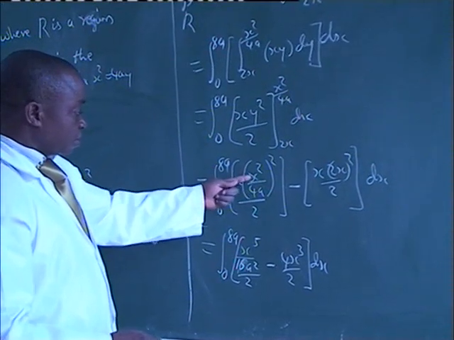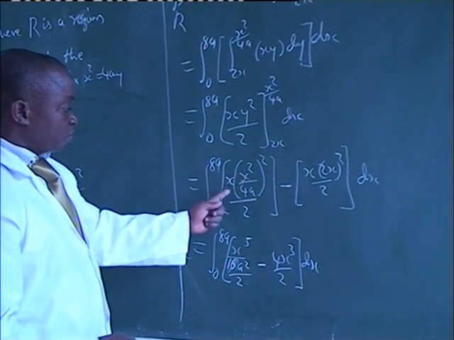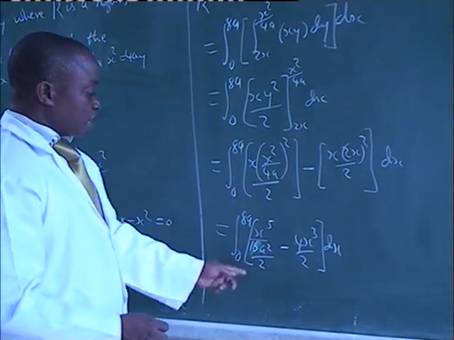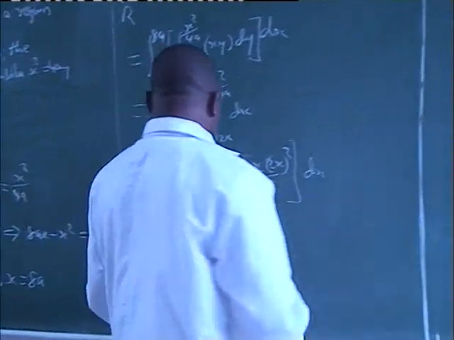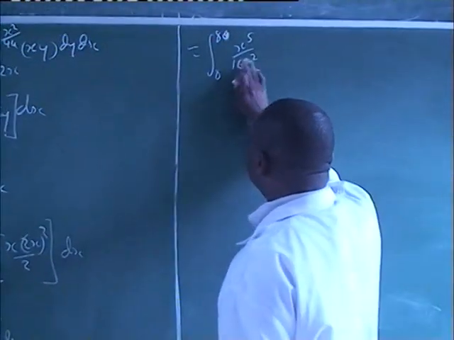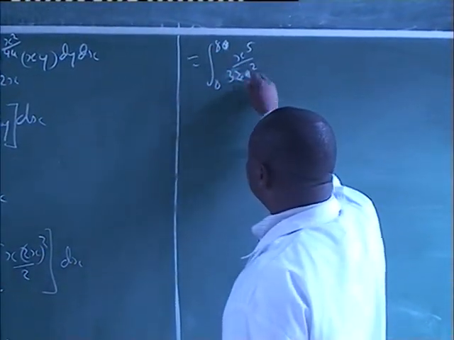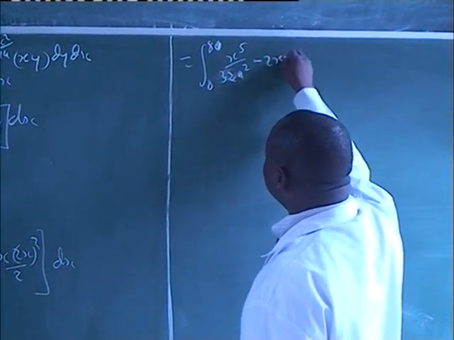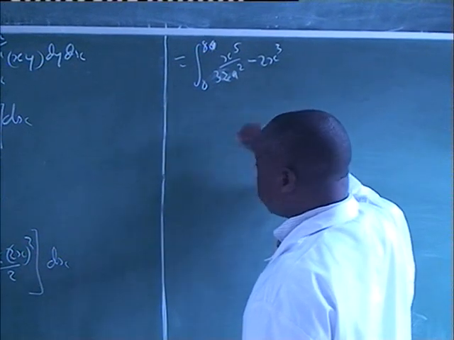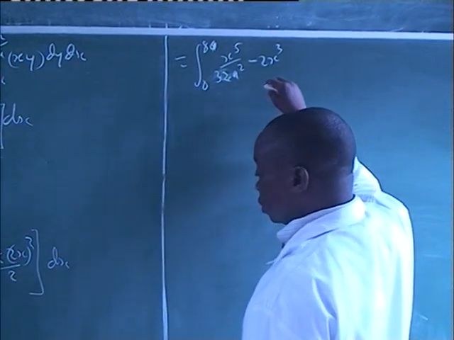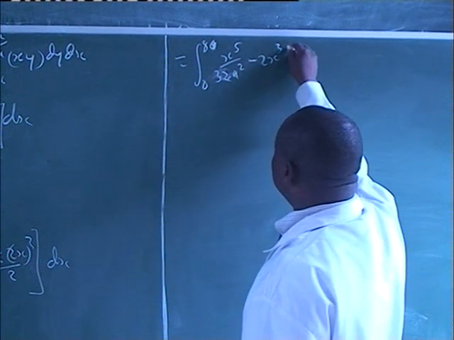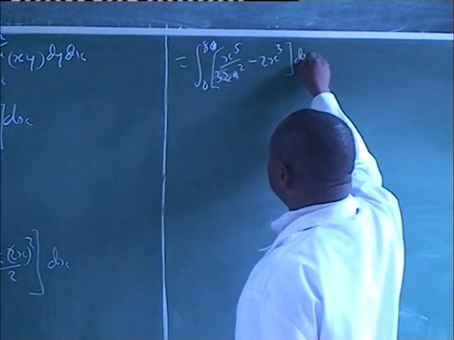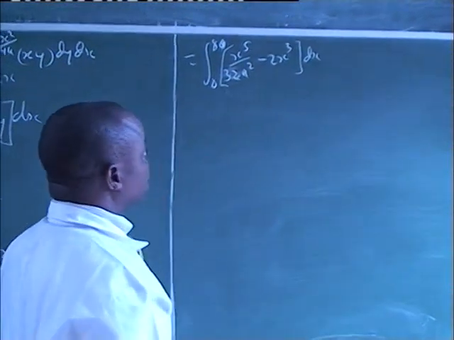This time this square is 4, and this x is raised to the power 5. So if you multiply this, we'll have 32. We'll have 32 x squared minus 2x cubed. Minus 2x cubed. And then we have the dx, we can now integrate it with respect to x.